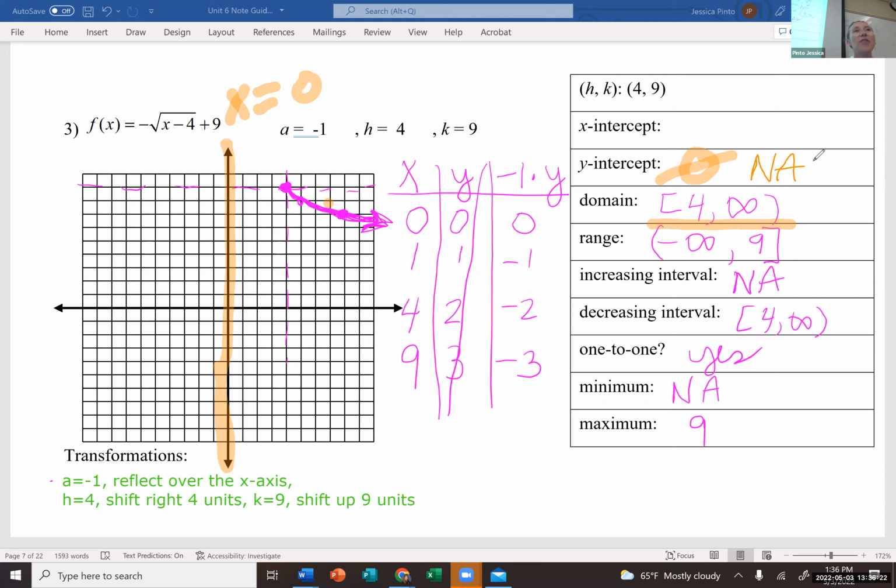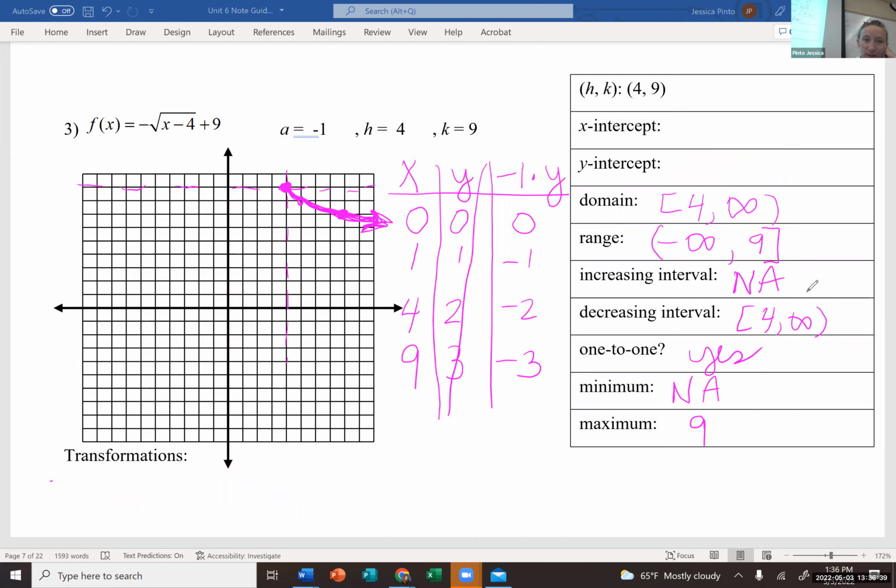Who else saw that the y-intercept would not exist? Good. Now the x-intercept, we see that this is angled down, and so a long time from now, it will cross the x-axis. Let's do the work to find out when that will happen. Okay, see, I used my word.